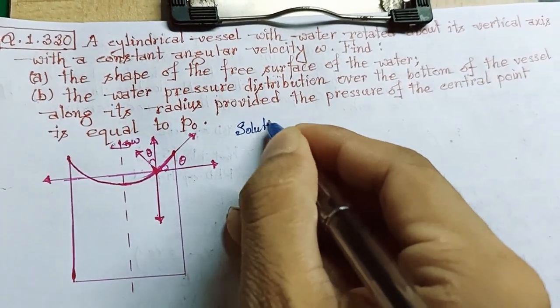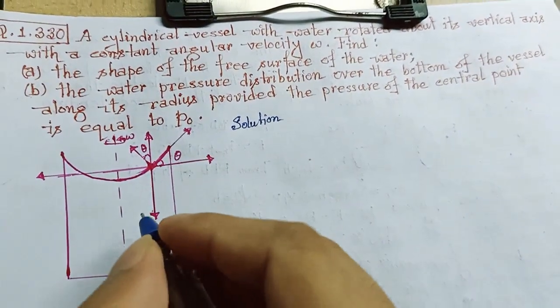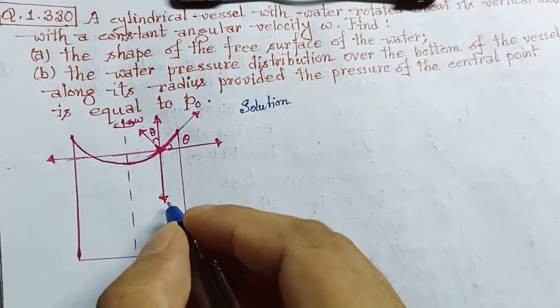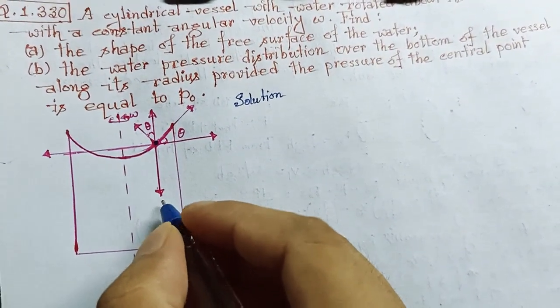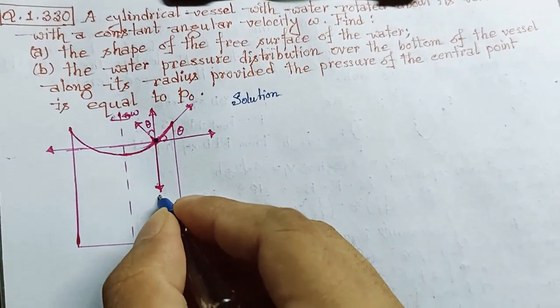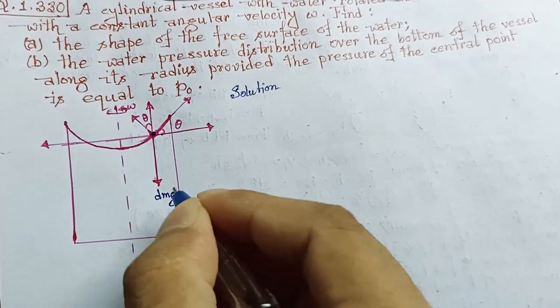Solution. Let us consider a small element of mass dm. Due to this small fluid element, its weight will act downwards, so our weight force will be dm into g, acting downward.